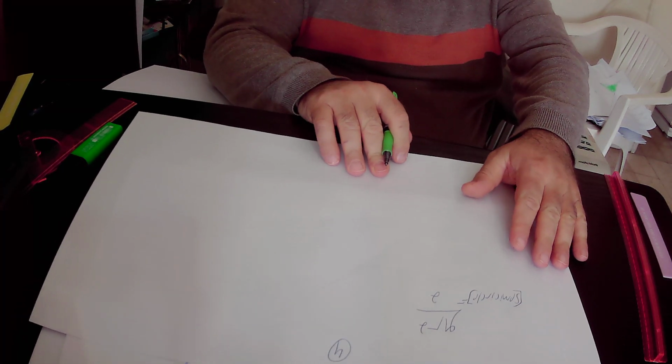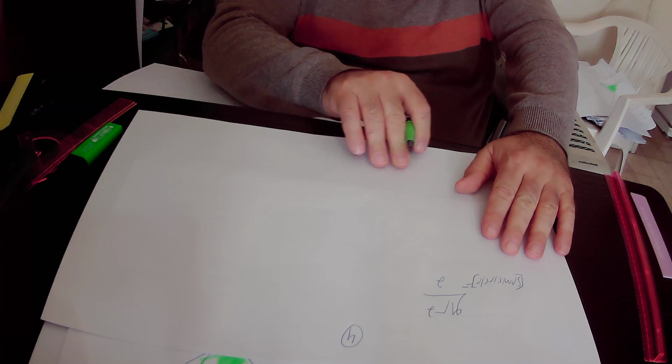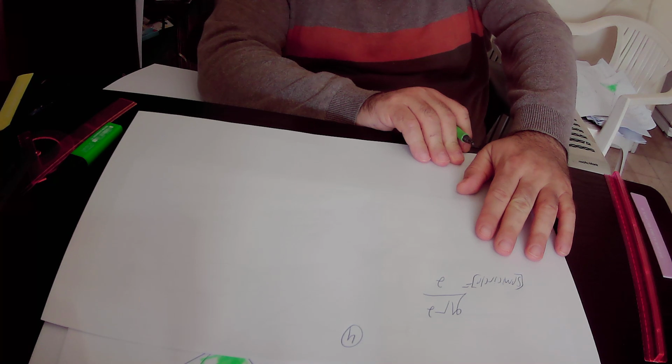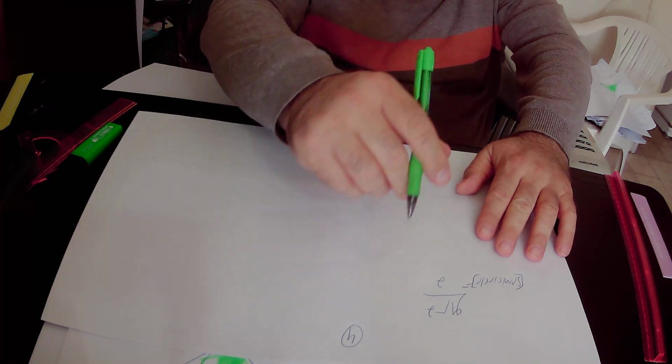The brackets here are the sign for area. It means the area of the semicircle equals pi r squared over 2.